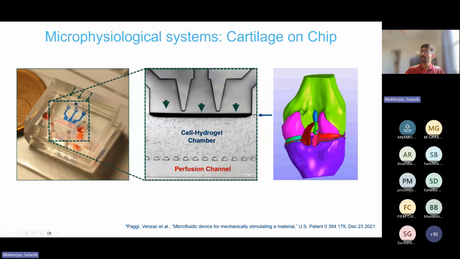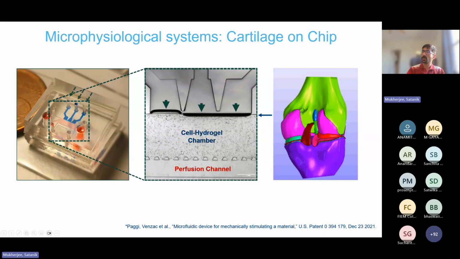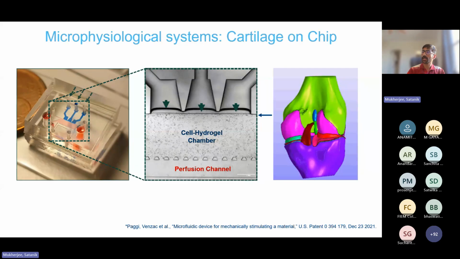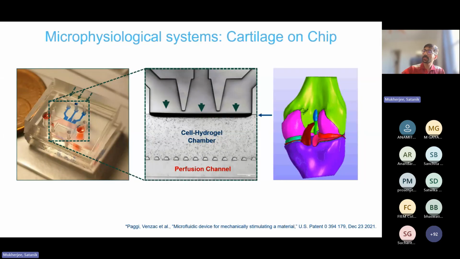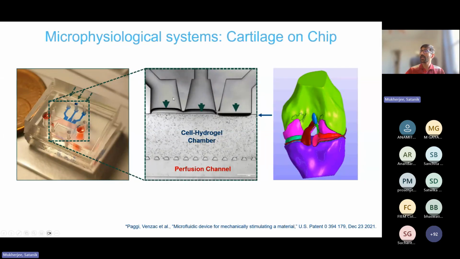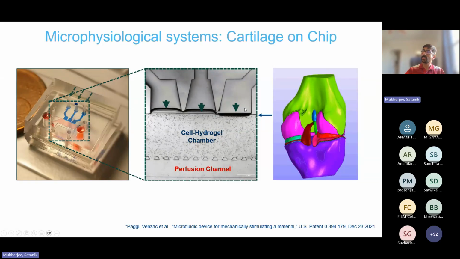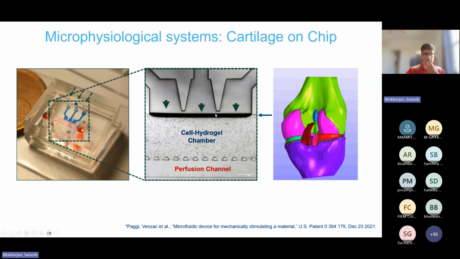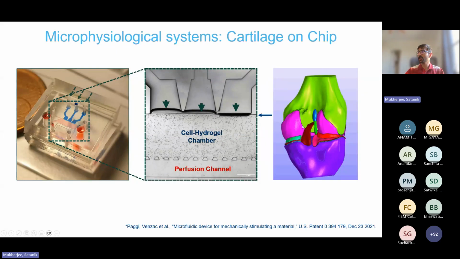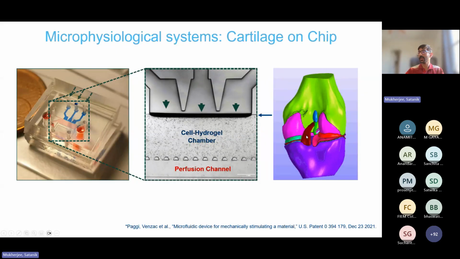I had the privilege of working with one of these cartilage on chip setups during a collaboration with the University of Twente in the Netherlands, where they have developed this cartilage on chip device, which has 3 pneumatically actuated chambers. By varying pressure in these chambers, you can create a complex loading of the cells underneath the membrane, which mimics the mechanical loading that cells experience in the human knee joint.